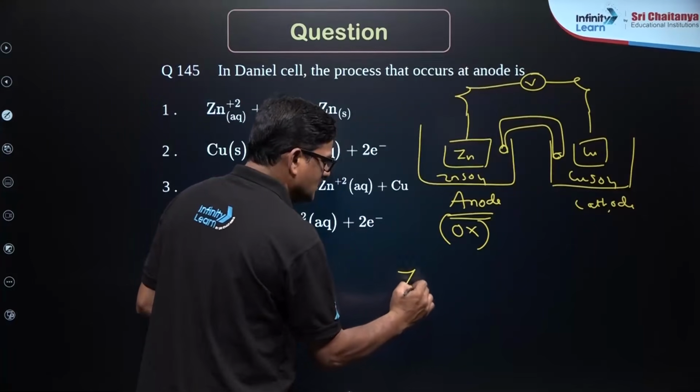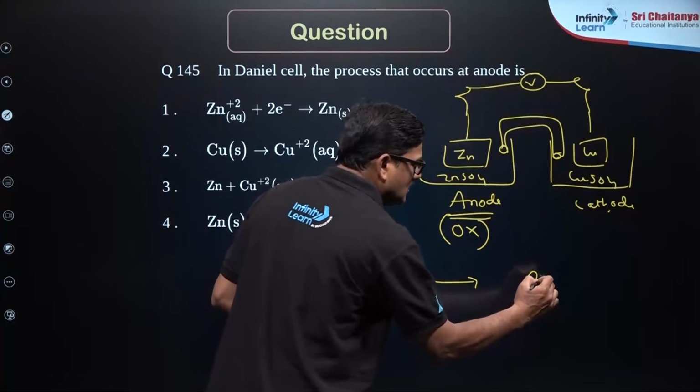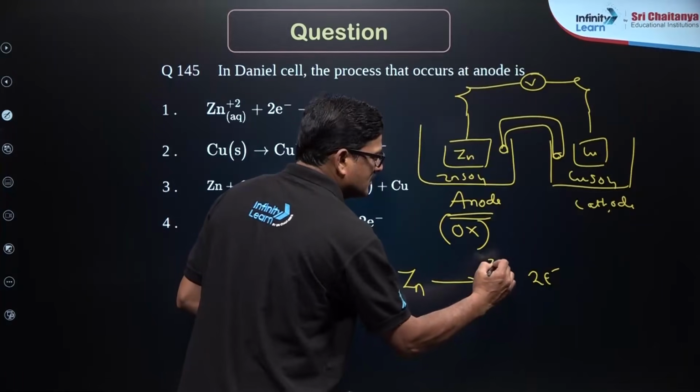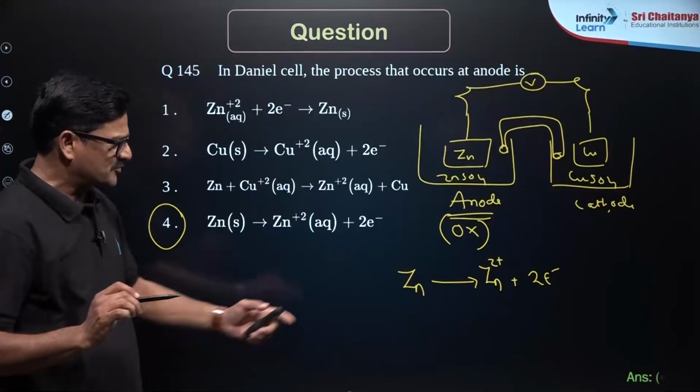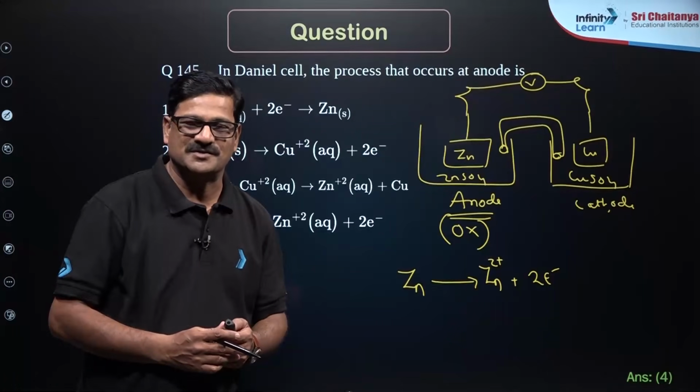So zinc is losing electrons and is converted into zinc 2 plus. So it is a pretty easy answer. Option 4 is the correct answer for this question.